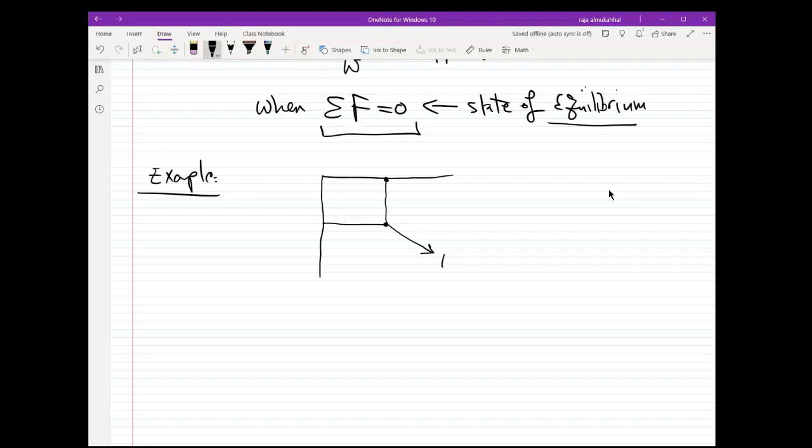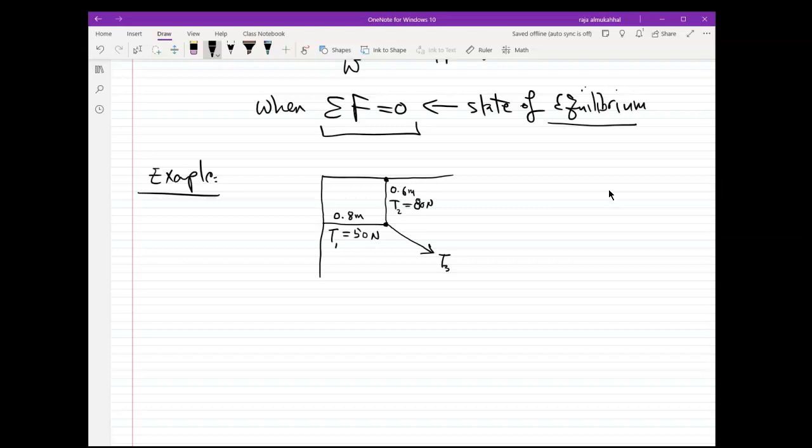I'm going to call that T3. And then we have the length of this rope. This is 0.8 meters, and this one is 0.6 meters. And this is tension 1 equals 50 Newton, and this is tension 2 equals 80 Newton.